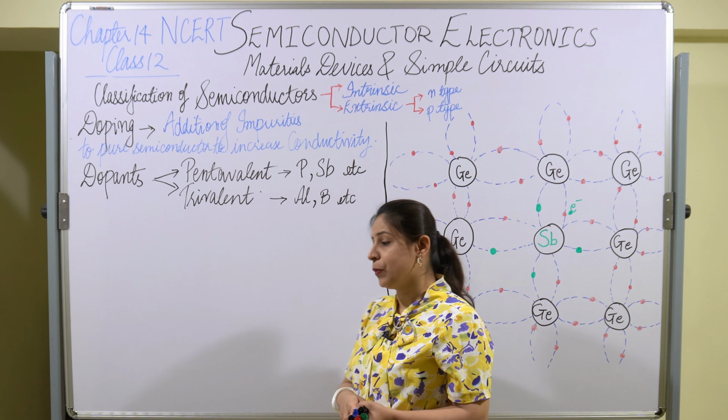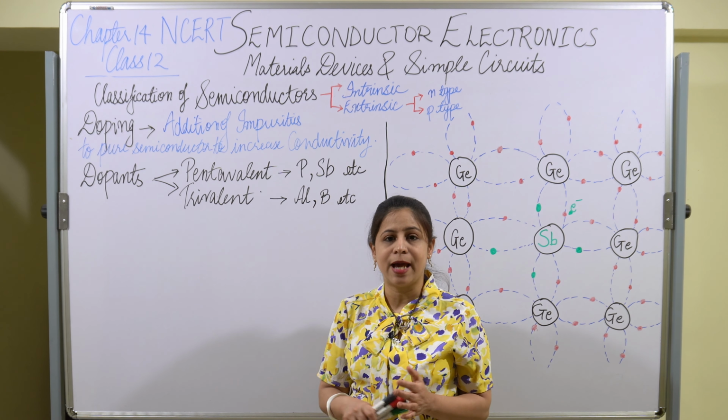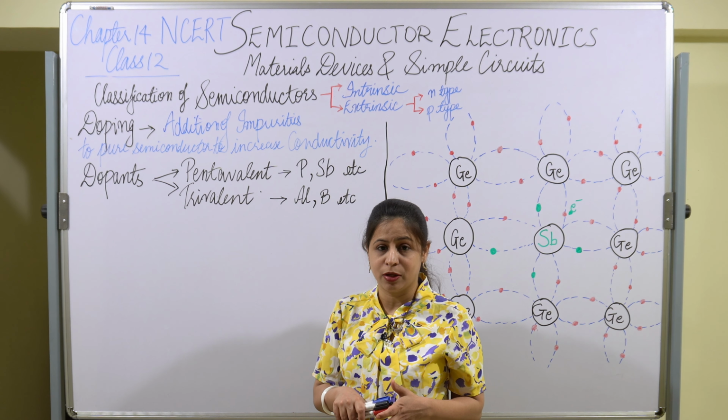So these are some of the examples of adding impurities to the pure crystal in order to increase the conductivity. Now let us start with the N-type semiconductors. Extrinsic semiconductors are of two types, N-type and P-type semiconductors.